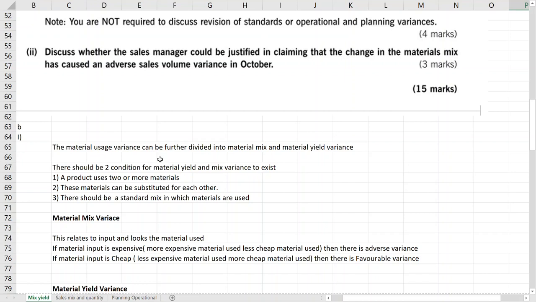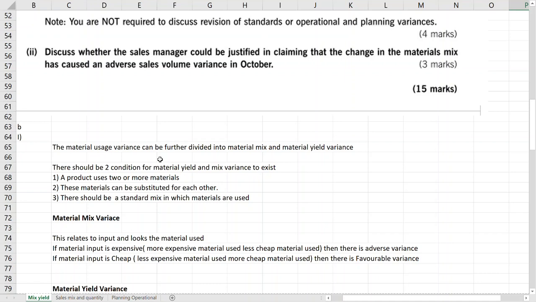That can further be divided into 2 parts, which are material mix and yield variance. Like we divided fixed overhead volume variance into 2 parts, we said there are 2 reasons, efficiency and capacity. We can divide material usage variance into 2 parts.